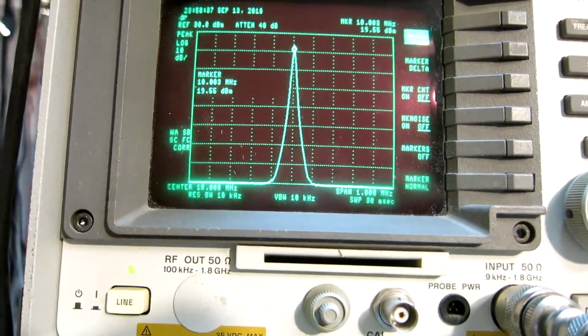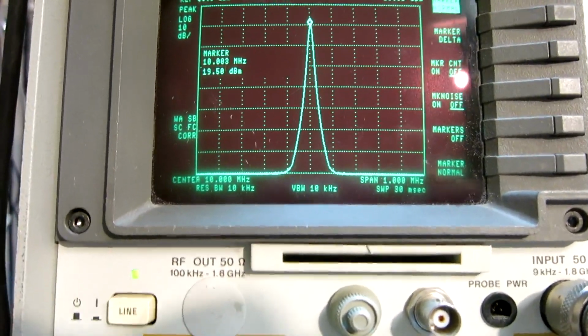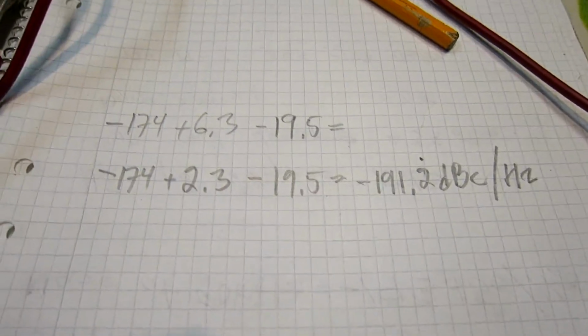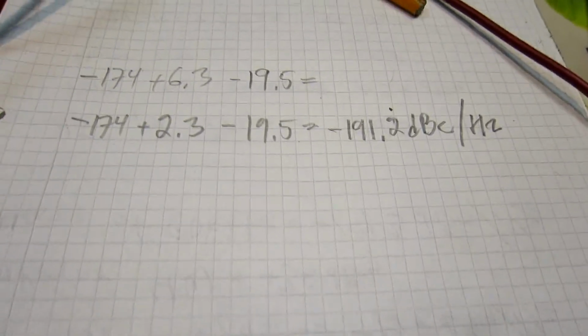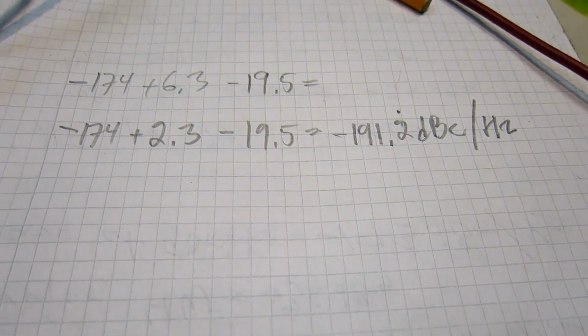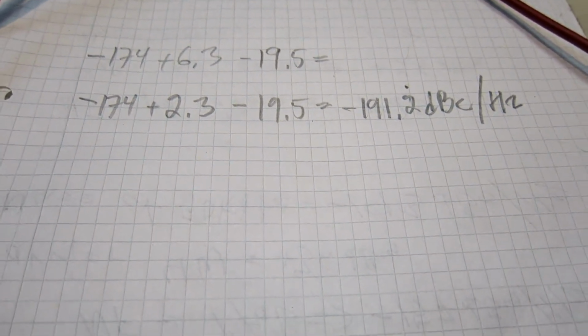The signal level is still plus 19.5 dBm. So after replacing that dummy load, I now see minus 191.2 dBc per hertz.